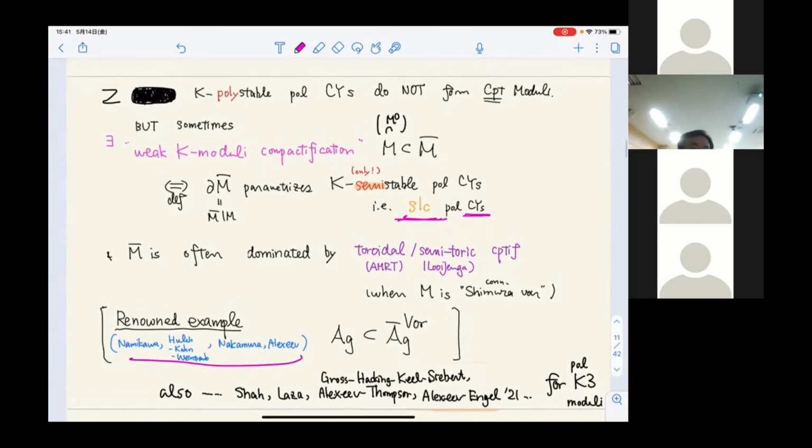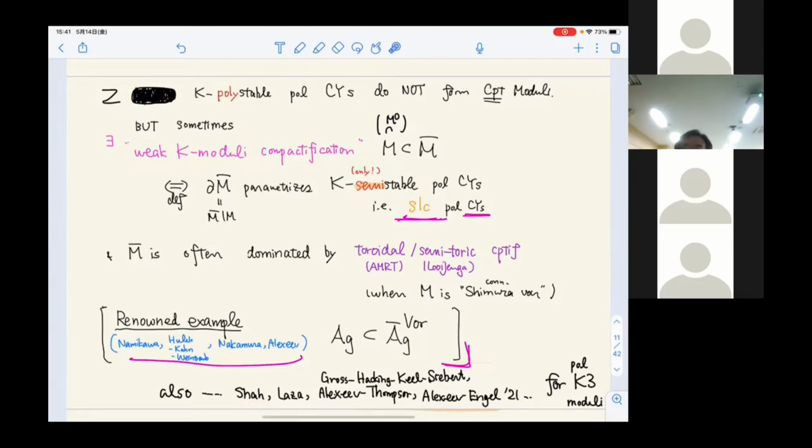And so what about the K-trivial case? This is a very hot topic, and there are many examples of these weak K-moduli compactifications whose boundary parameterizes slc K-trivial degenerations. So there are many explicit examples.